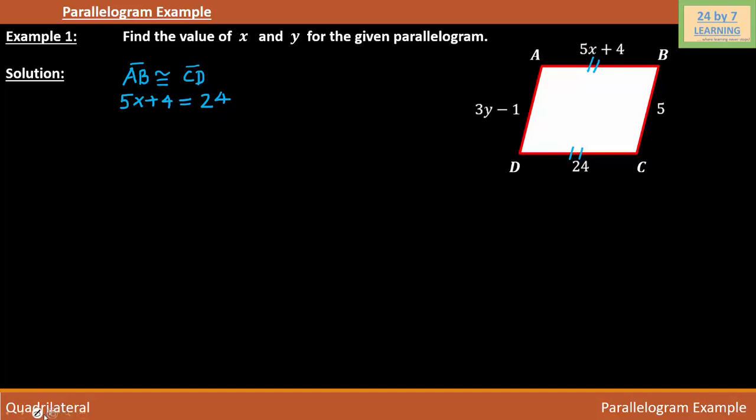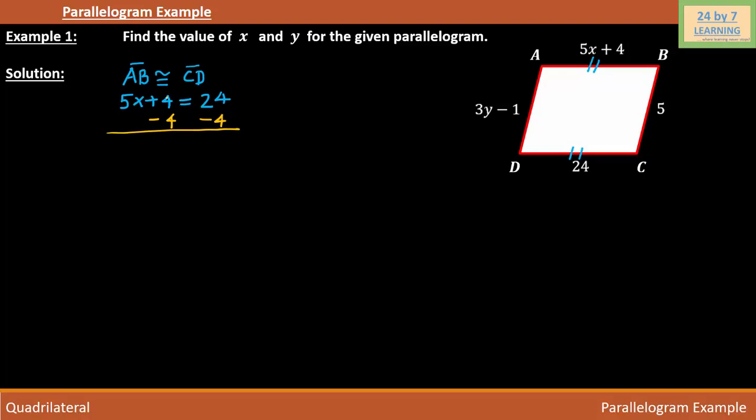Now let's simplify further. I'm going to take the 4 to the other side, and the only way is to subtract 4 from both sides. So let's subtract 4 from both sides.